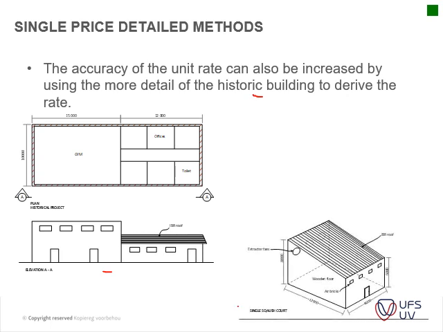So we had a new squash court that was being developed, but there's no single item that could be used the same. For instance, you had a gym with wooden flooring, and your squash court also had wooden flooring, so you could use the rate per square meter for your wooden flooring and apply it here. But it had a concrete roof, which you couldn't apply to your new building.